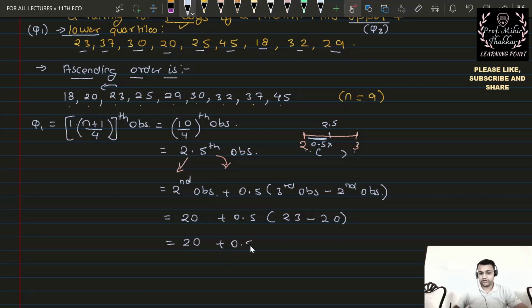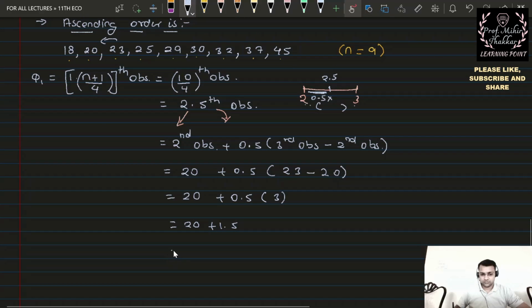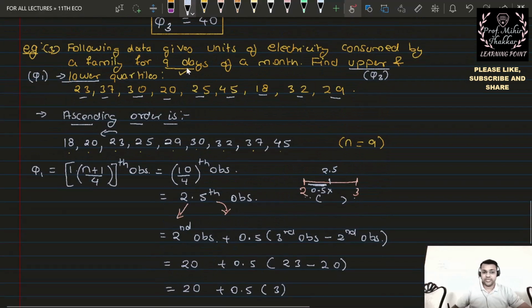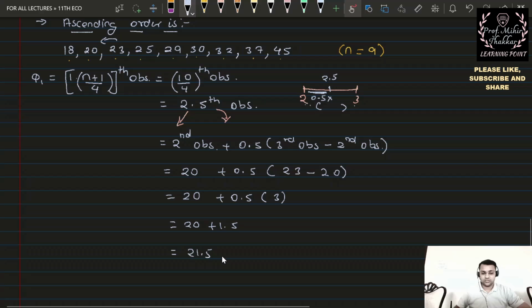So 23 minus 20 is 3. 3 into 0.5 is 1.5. So 20 plus 1.5 is going to give you 21.5. The question has very clearly mentioned it is units of electricity, so we have to write the answer as units.